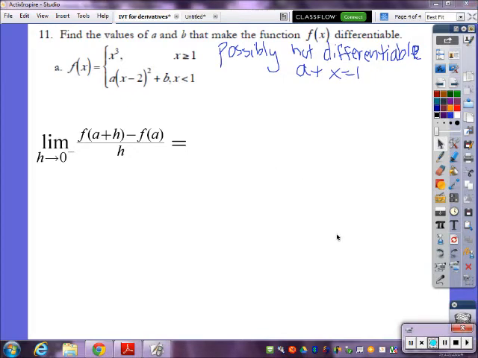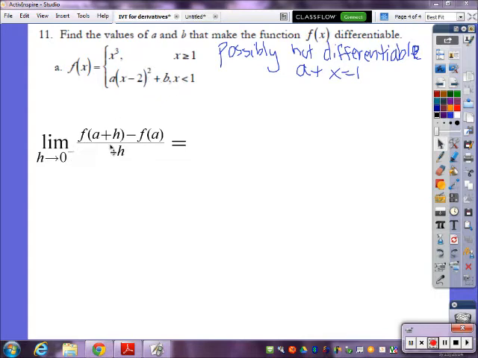If I write that out using the left piece of this function, that would be values less than 1. So I'm going to use a times (x minus 2) all squared plus b for my left-hand derivative.